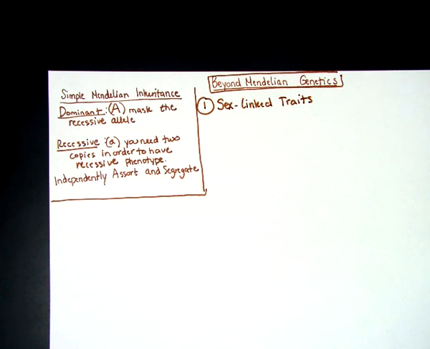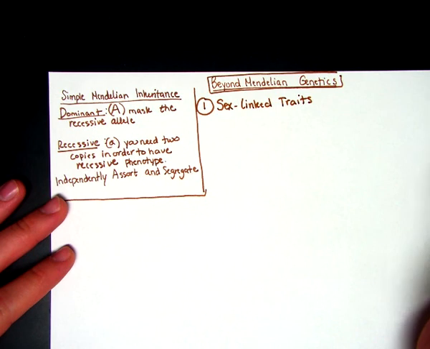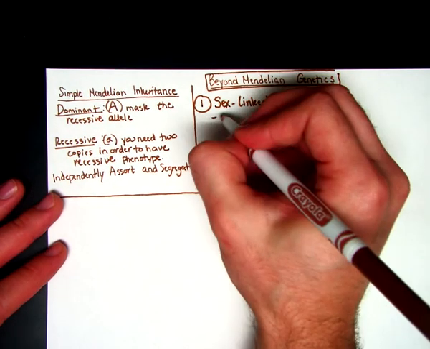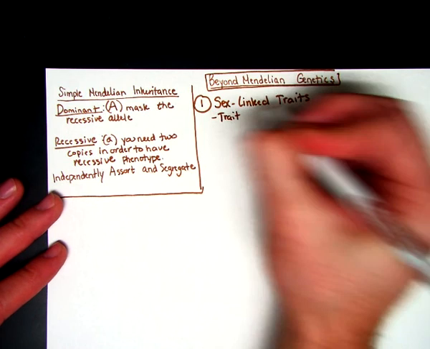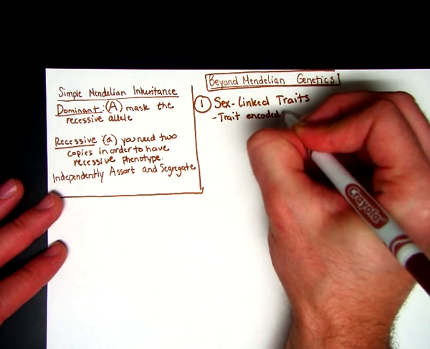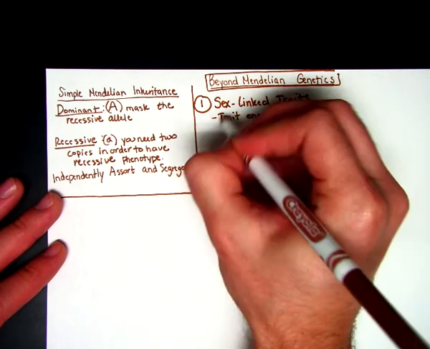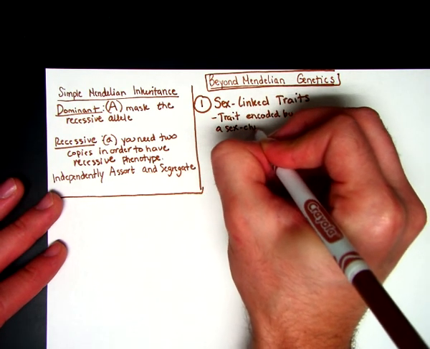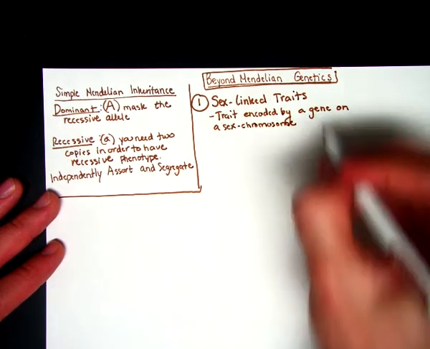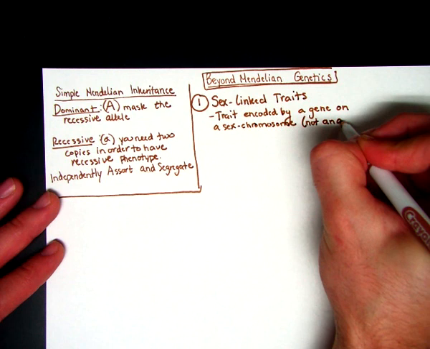The first example of being beyond Mendelian inheritance is the idea of sex-linked traits, and the quick overview is that a sex-linked trait is a trait encoded by a gene on a sex chromosome. Not an autosome.